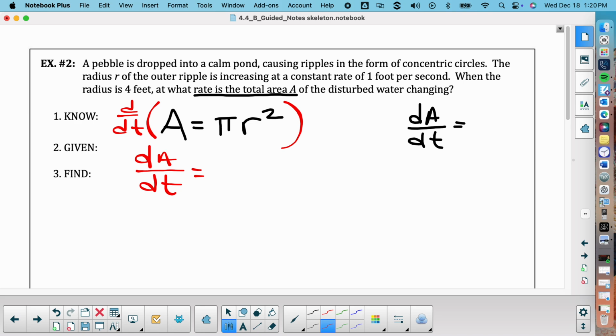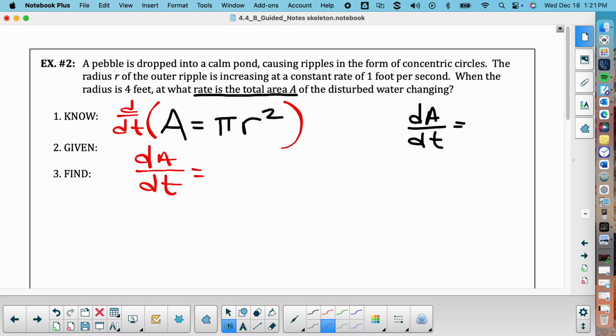AP won't mark you wrong if you write A prime instead of dA dt. You are allowed to write prime as notation. I've always felt like this made more sense because it helped me know which letters I needed to use. Like if you write A prime, you don't know it's t rather than x, but that's just a minor detail, I guess.